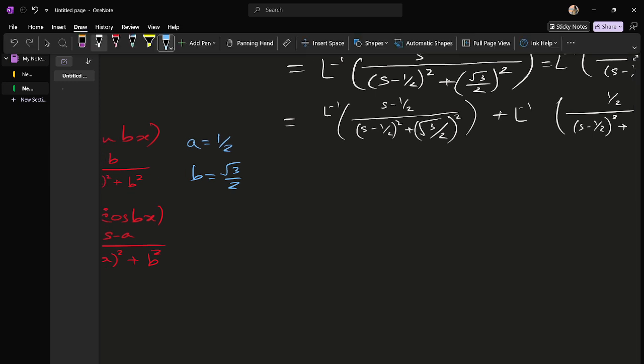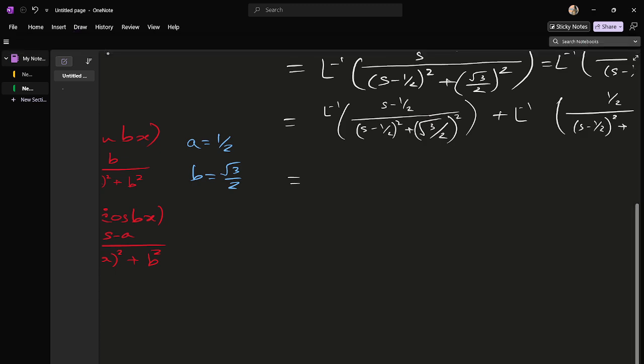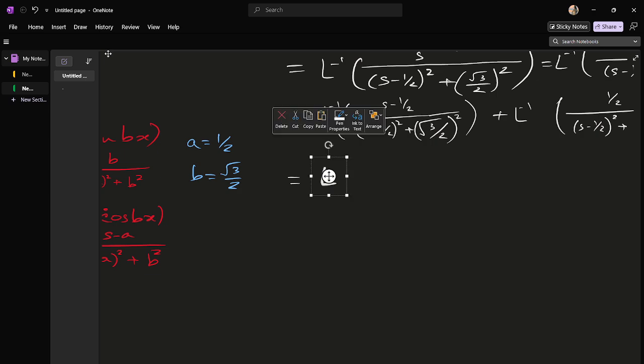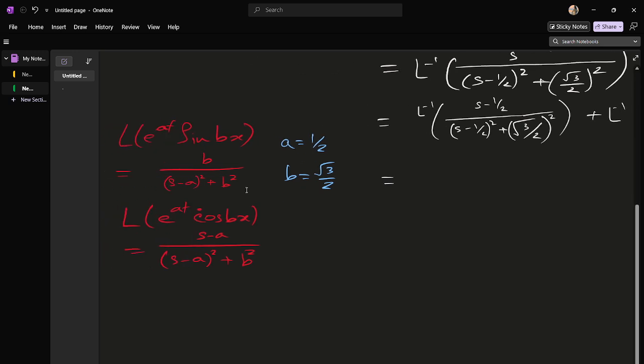L inverse of this first part will be e to the power t by 2 times cos of root 3 t by 2. Now that part is done.